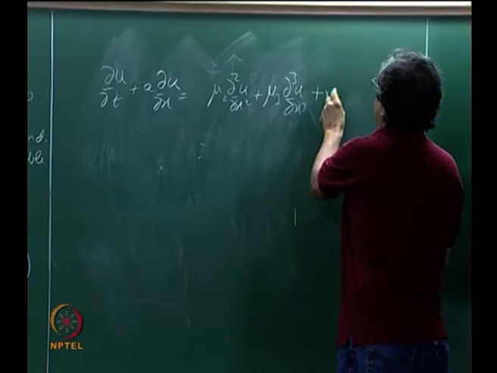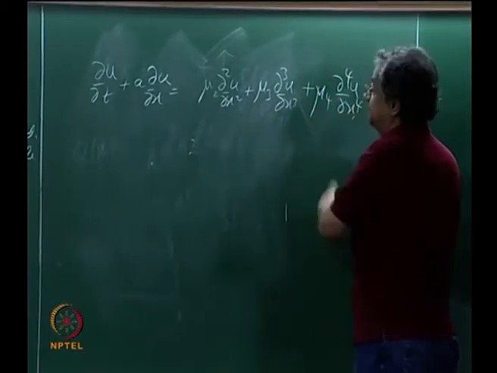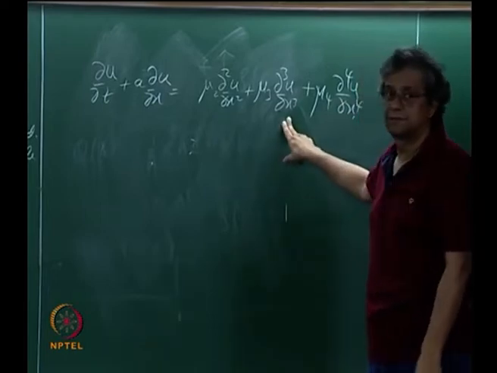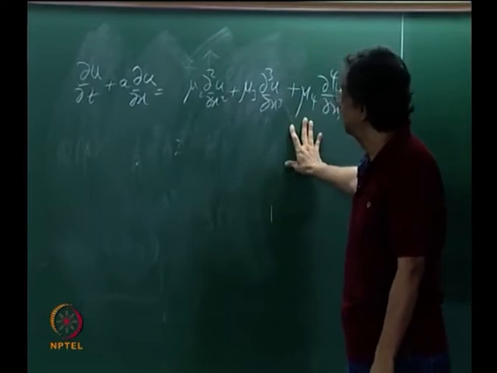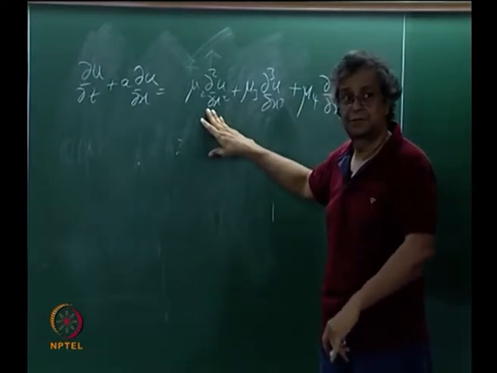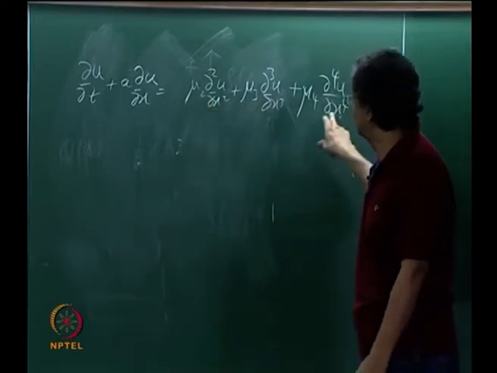In fact, we looked at it up to the fourth derivative, and we concluded that the odd derivatives are dispersive in nature for this equation and the even derivatives are dissipative in nature. Whether the U decays or is amplified depends on the sign of mu and the nature of the derivative.